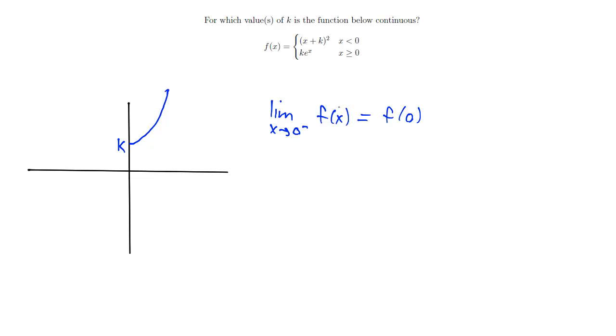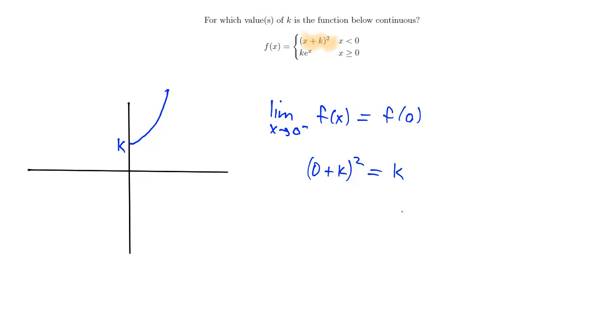This limit from the left uses the top definition. So we're taking the limit as x goes to 0 of (x plus k) squared, so that is going to be (0 plus k) squared. And this has to be k.